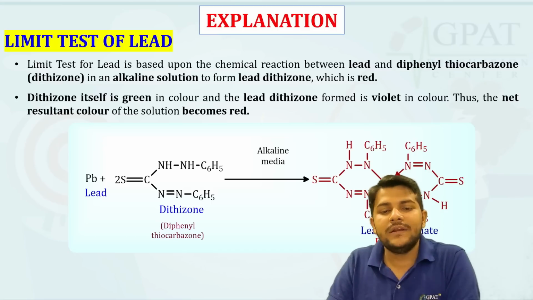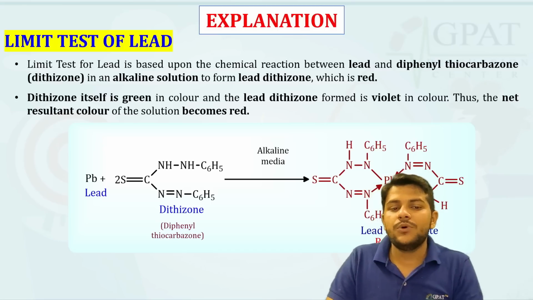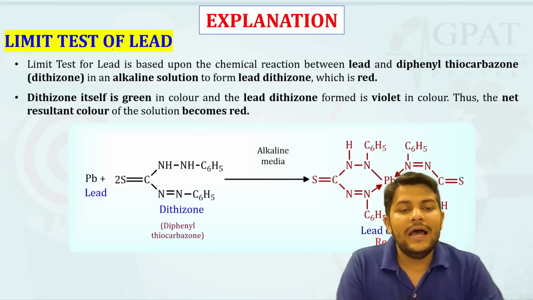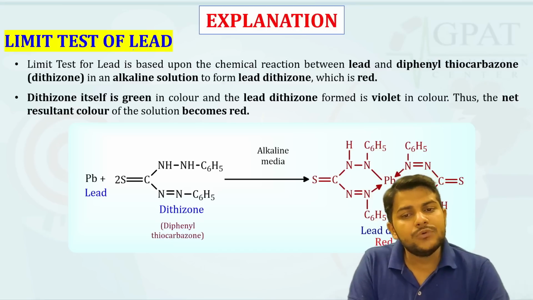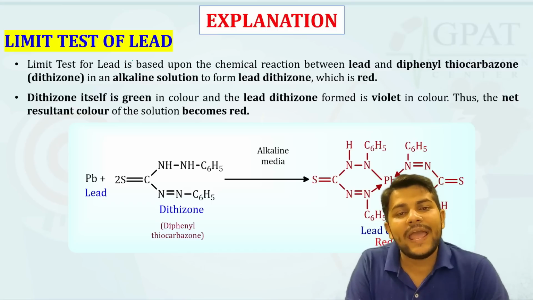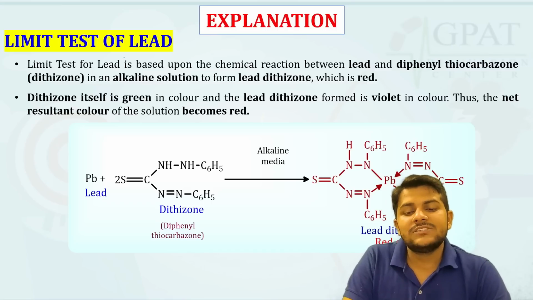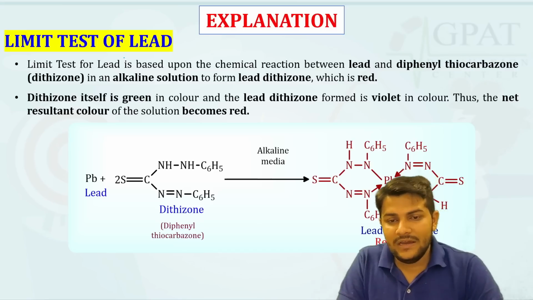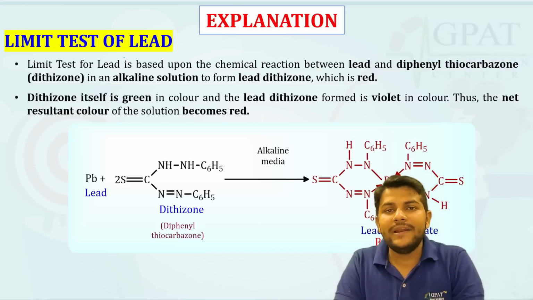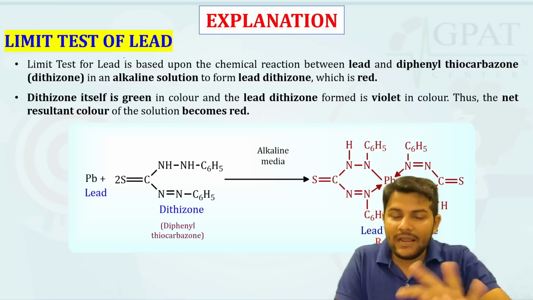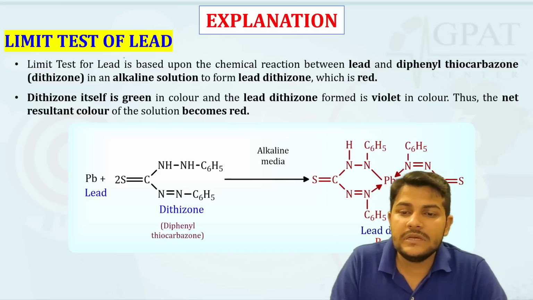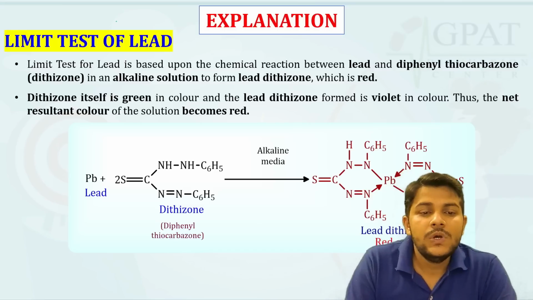So lead, represented by Pb, reacts with dithizone in the alkali medium and forms a complex, lead dithizone, and the solution forms a red color. Dithizone itself has a green color, and lead dithizone firstly has a violet color, but the resultant solution is red.